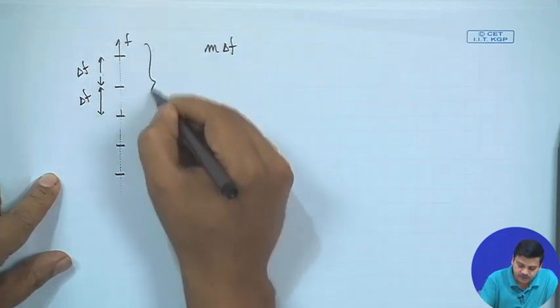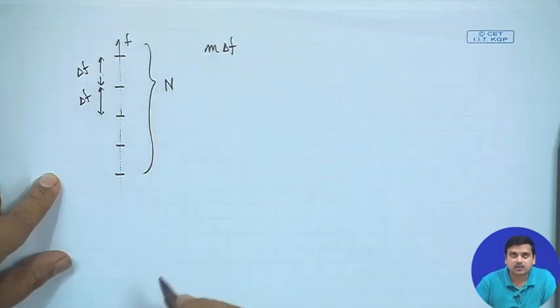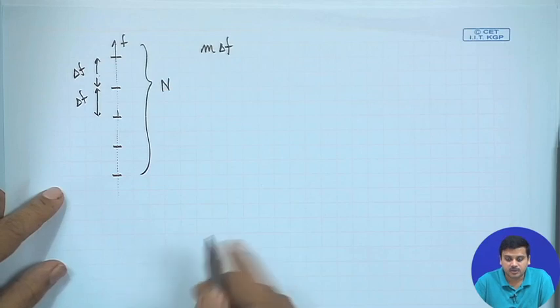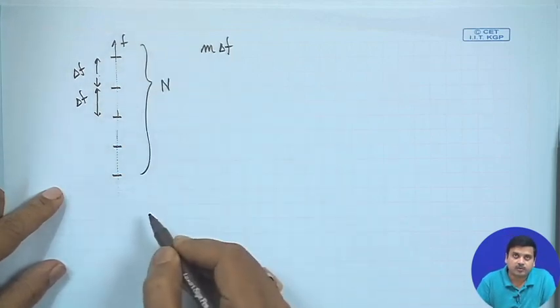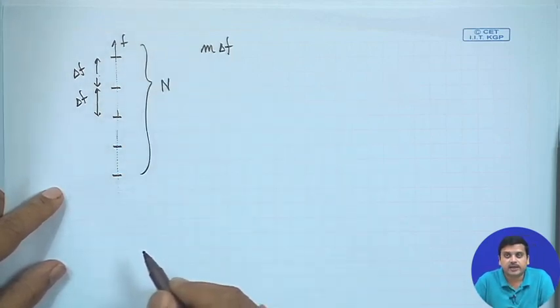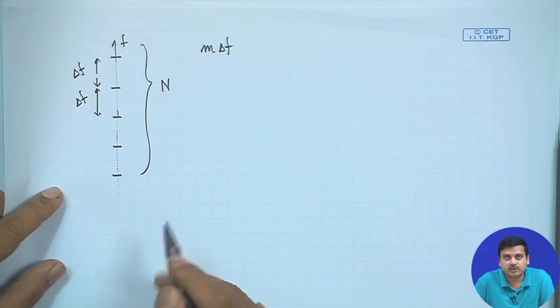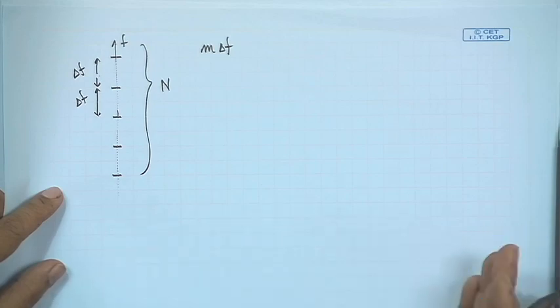So, if there are n such possible selections available and each of them were orthogonal to each other, we had n array FSK. So, there was n dimensional signaling that we said.